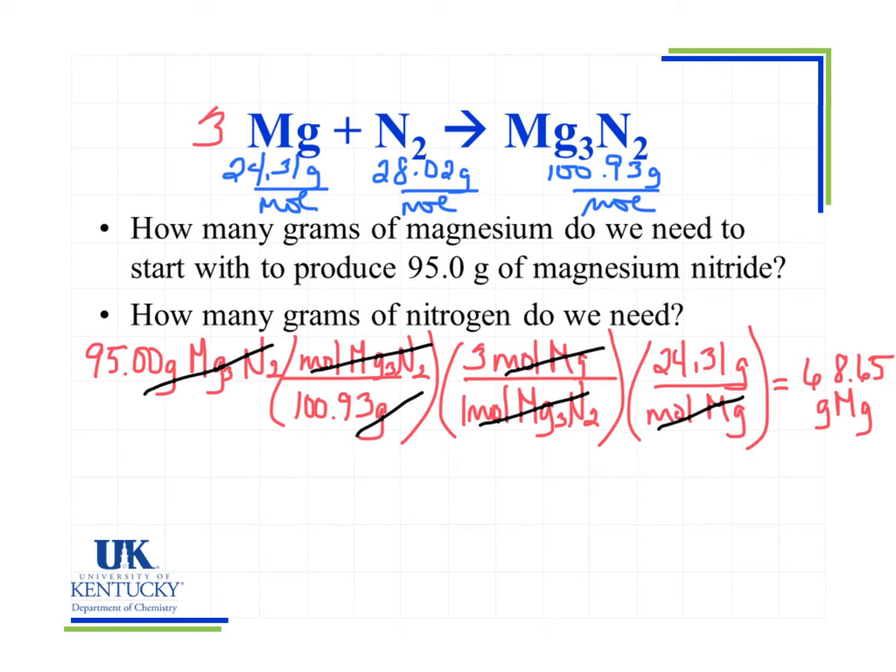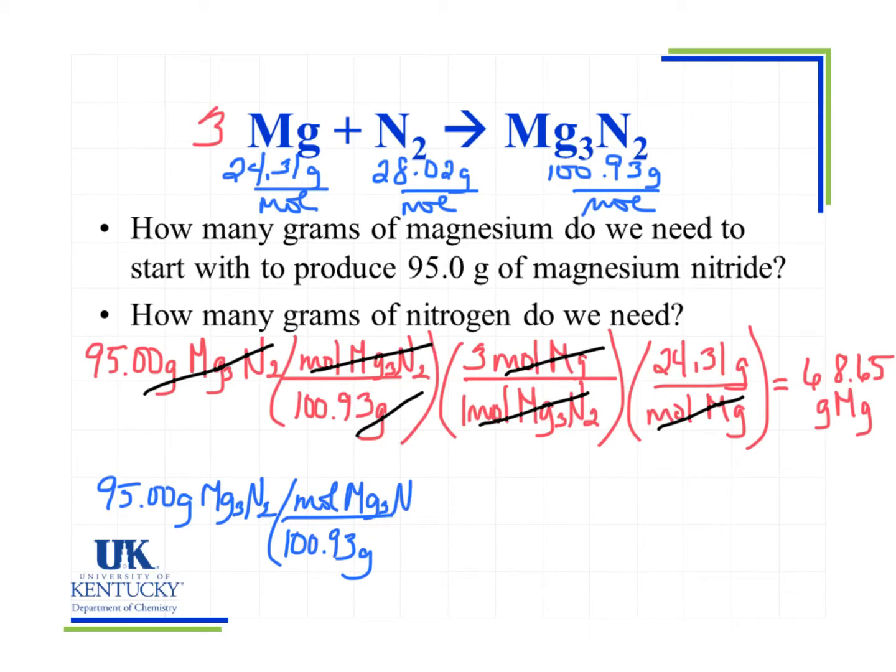Now I need to do a similar calculation going from the magnesium nitride to the amount of nitrogen I need. So here we have again 95 grams of magnesium nitride, and I'm going to use my molar mass here, 100.93 grams per mole of magnesium nitride.